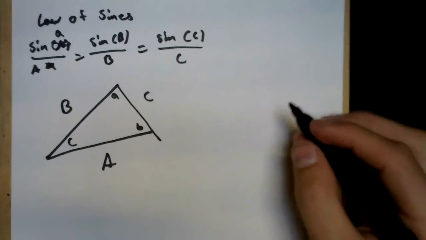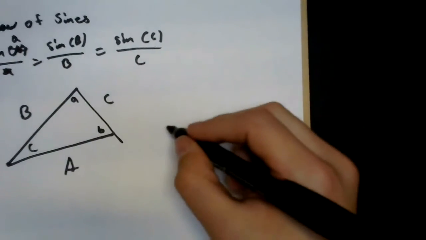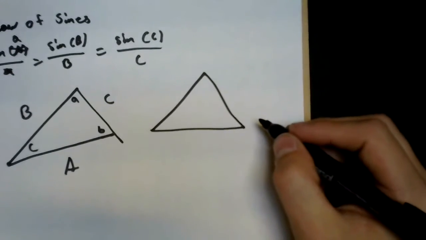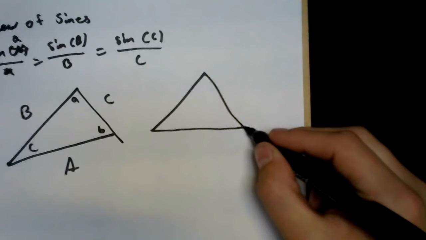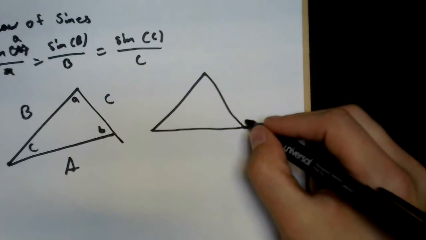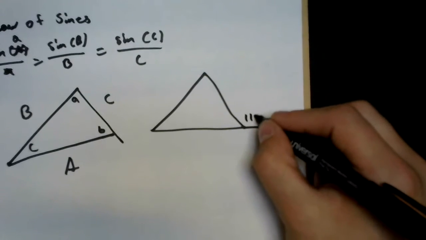So, for example, they'll give you a triangle. They'll put a degree measure on it, and say this is, we'll say this is 110 degrees.